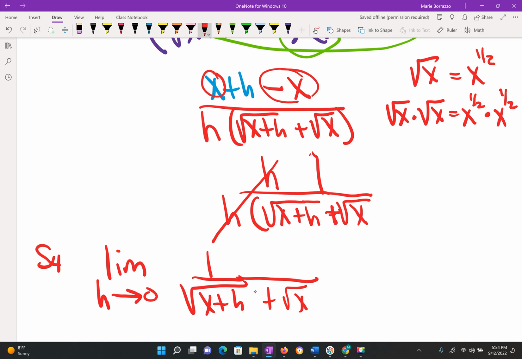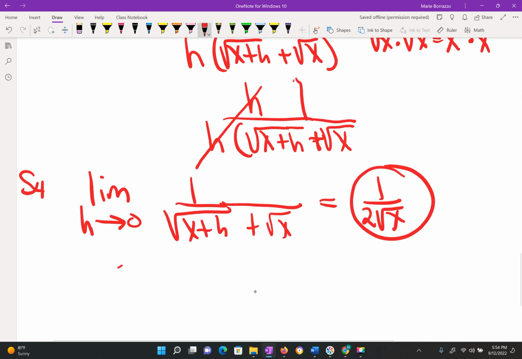So when you're done with all this canceling, and you know h is approaching 0, you end up with 1 over 2 square root of x as your final derivative. You okay with that? Okay, so that's your first derivative.